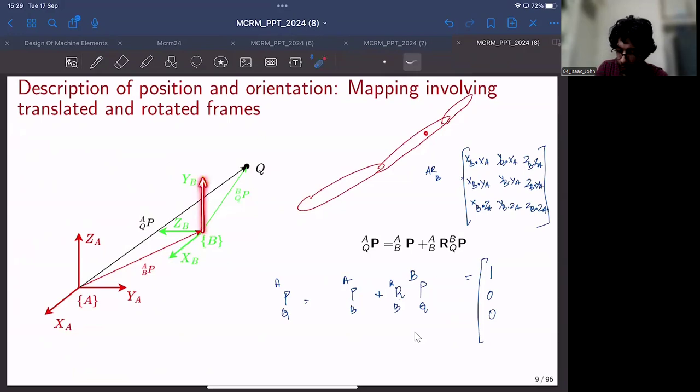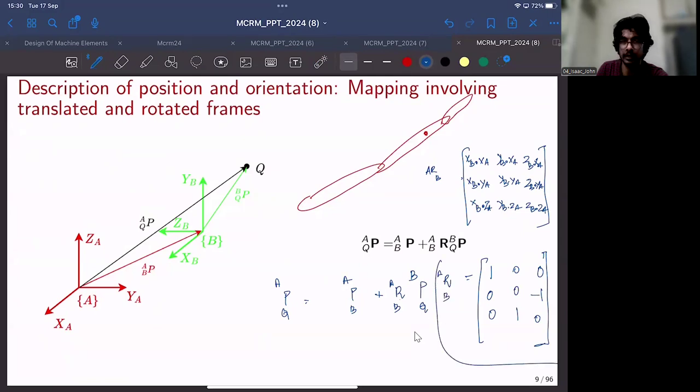YB is oriented along ZA, so that becomes 0, 0, 1. And ZB is oriented along negative YA, so that becomes 0, minus 1, 0. So this is how this ARB would look in this particular example.